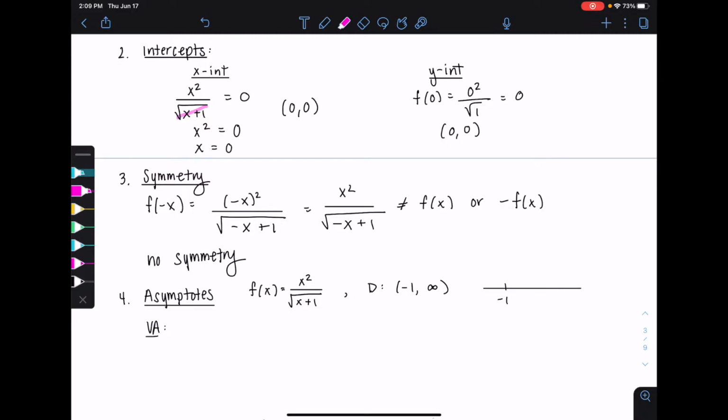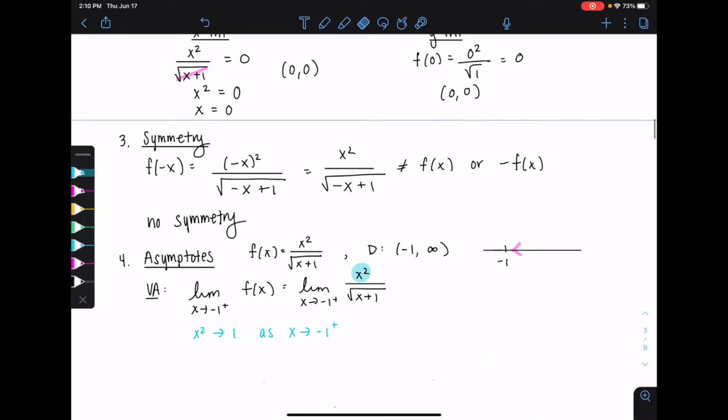The problem is I cannot approach from the left-hand side because my function is undefined to the left of -1. So I'm really only going to take the limit from the right. So for my vertical asymptote, I want to look at the limit as x approaches -1 from the right of our function. And so we need to figure out just in our head really what's going on. So if you think of the numerator, that's going to be approaching -1 squared. So the numerator is approaching +1 as x approaches -1 from the right.